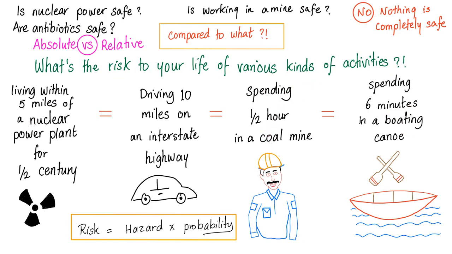Risk to your life means death or fatality. So, living within 5 miles of a nuclear power plant for half a century is equivalent to driving just for 10 minutes on an interstate highway. Really? Yes. Equivalent to spending half an hour in a coal mine, equivalent to spending 6 minutes in a boating canoe. Yet there are many nice people in their canoes worried about the dangers of nuclear power.